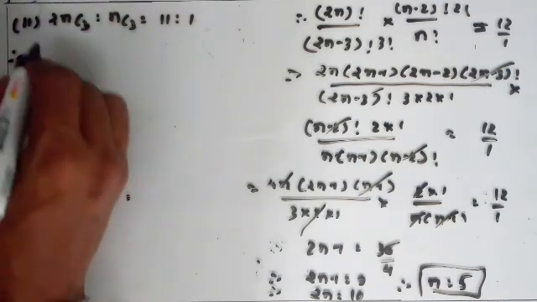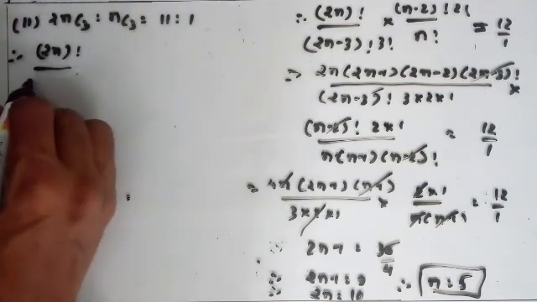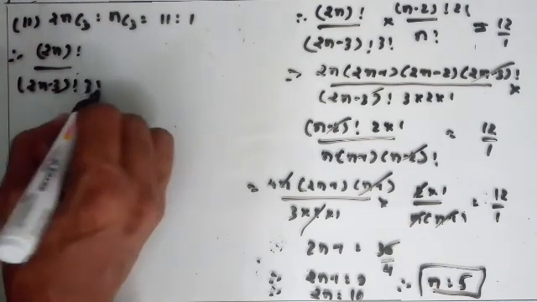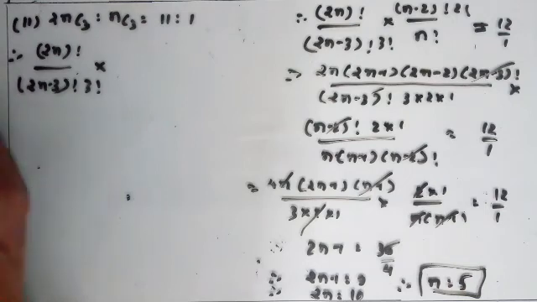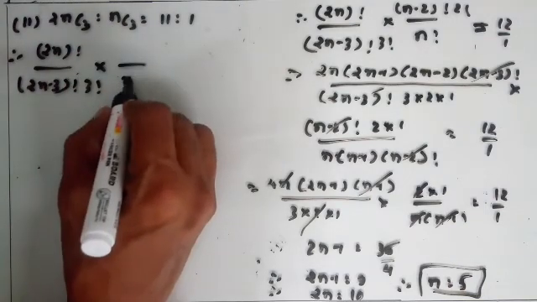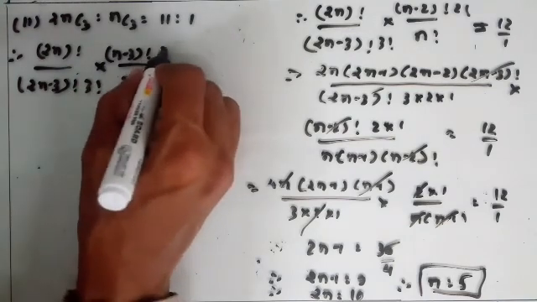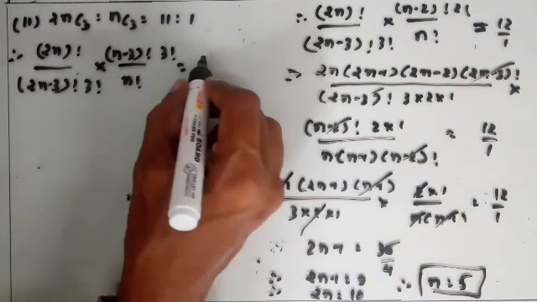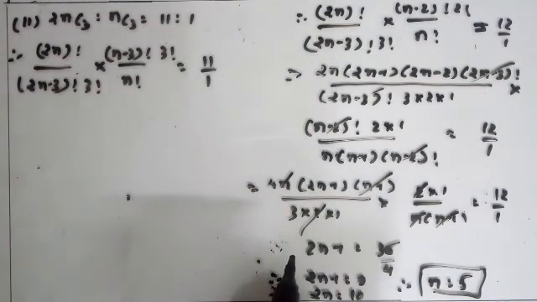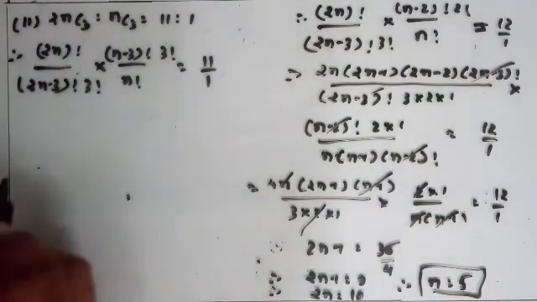Here 2nC3 is equal to, we know, (2n) factorial upon (2n minus 3) factorial into 3 factorial, division changes into multiplication, apply the formula of nC3, n factorial upon (n minus 3) factorial into 3 factorial, is equal to 11 upon 1. Applying the same method as we applied in the first, we get an answer.